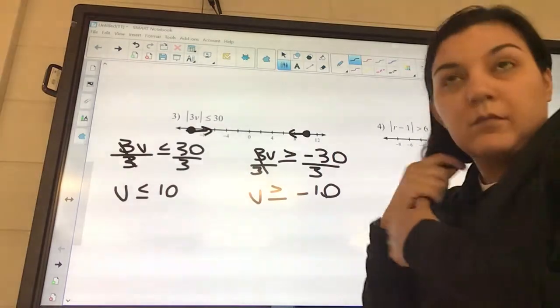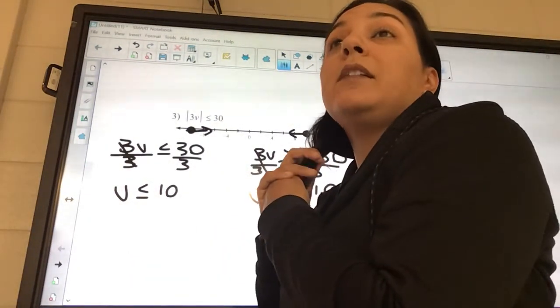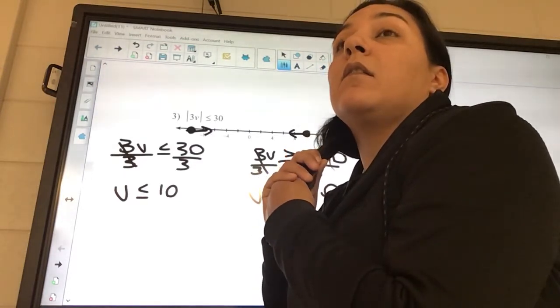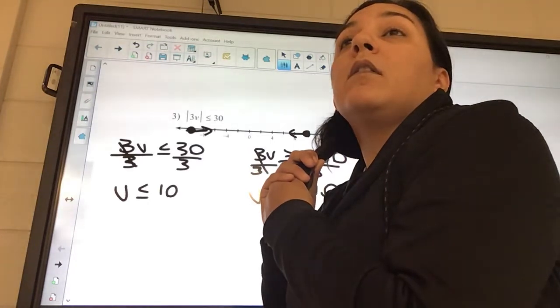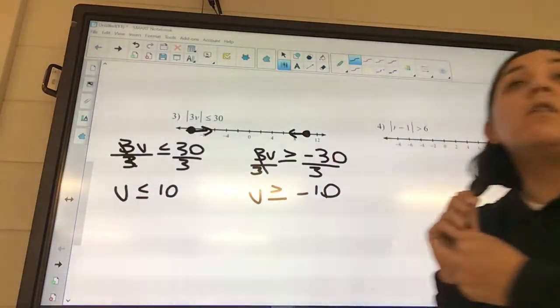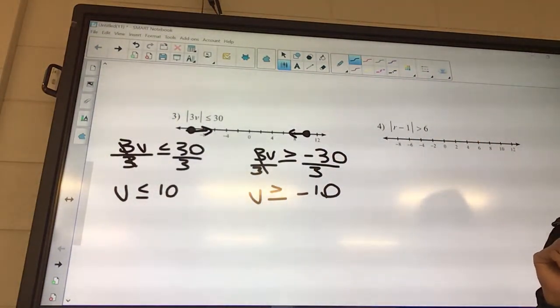It depends how the arrow goes. How the arrow goes. The arrows on the line, how are they going in? Because it's an and, going out. What do you mean if it's going out? It's going a different way, or the other way. No, it's not.